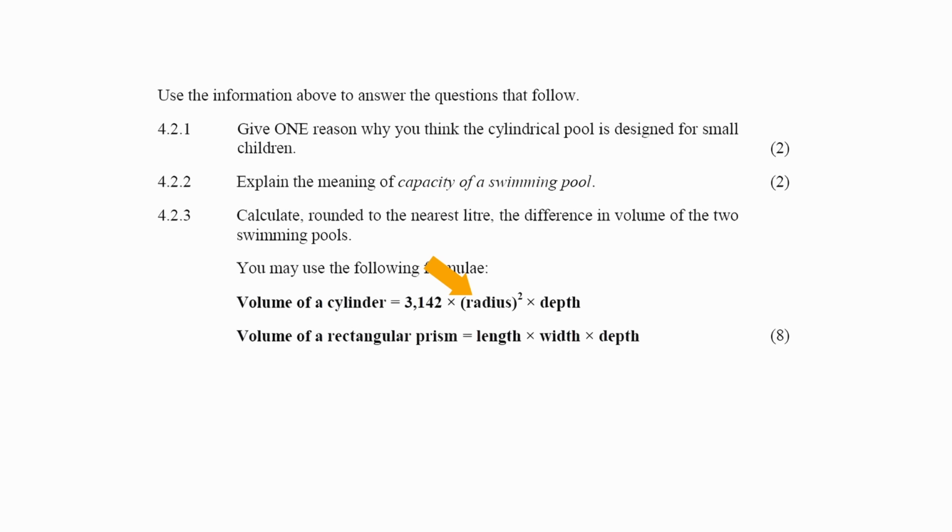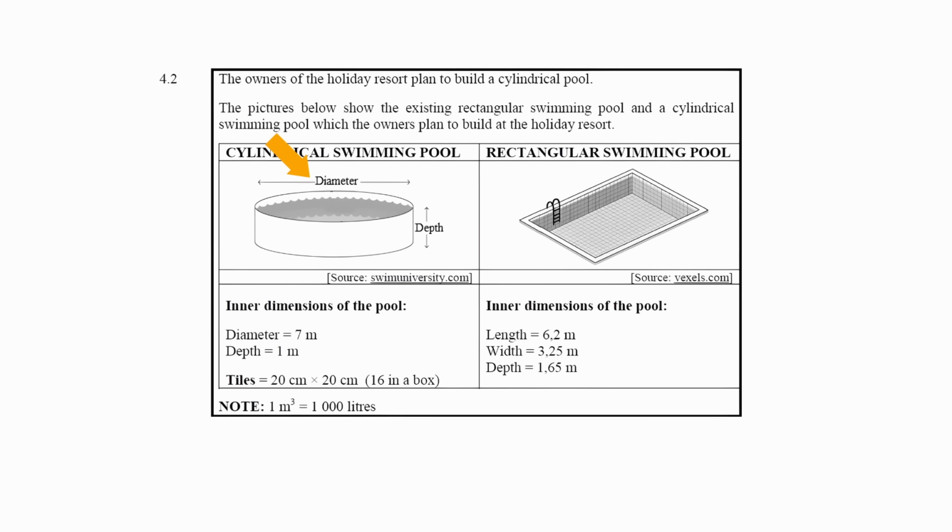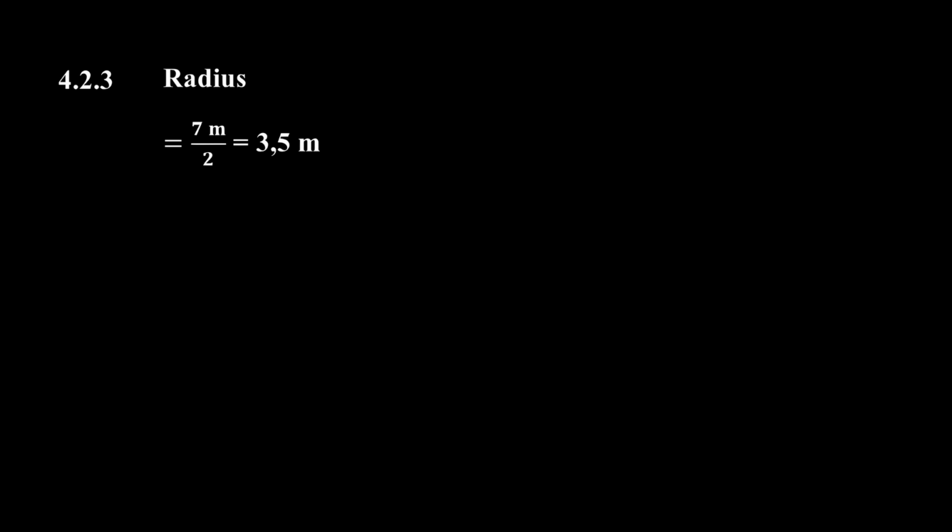To use the formula for a cylinder, we will need the radius of the cylindrical pool. From the dimensions of the cylindrical pool, the diameter of the pool is given as 7 meters. We should recall that the radius of a circle is half its diameter. So the radius of the cylindrical pool is 7 divided by 2, and this equals 3,5 meters.